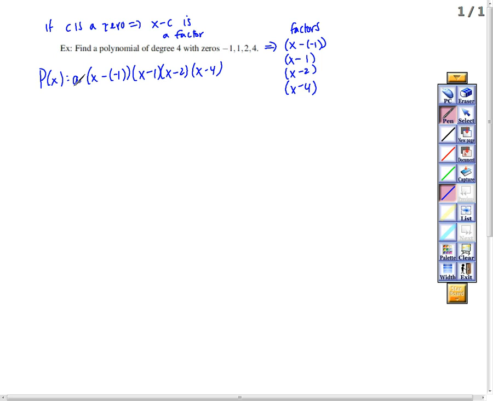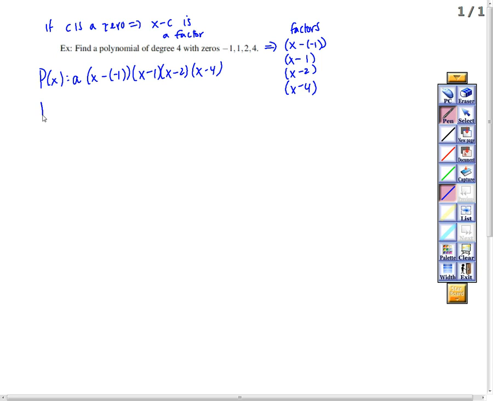We put the a here because this could be 7, it could be 12, it could be 356.2549. If you have some constant here multiplied by all of these factors, you set the polynomial equal to 0, it doesn't matter what the constant is. So there's infinitely many polynomials that have these factors.